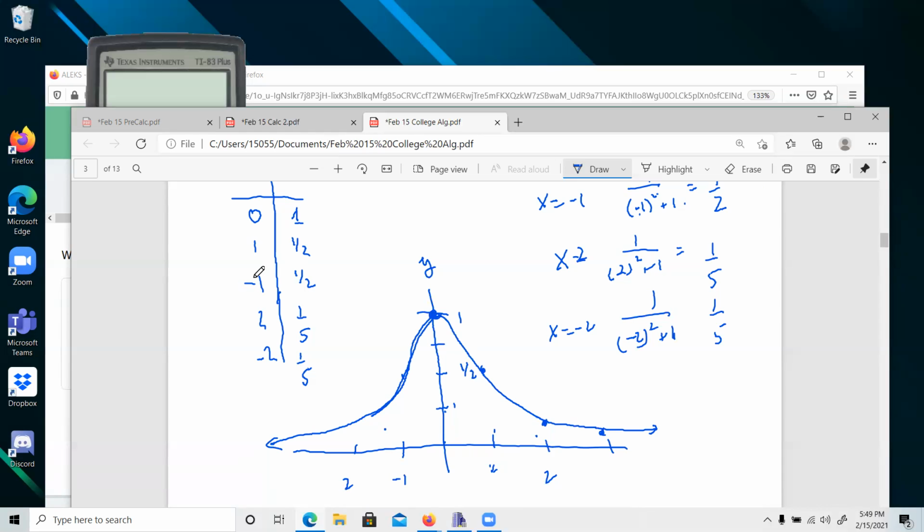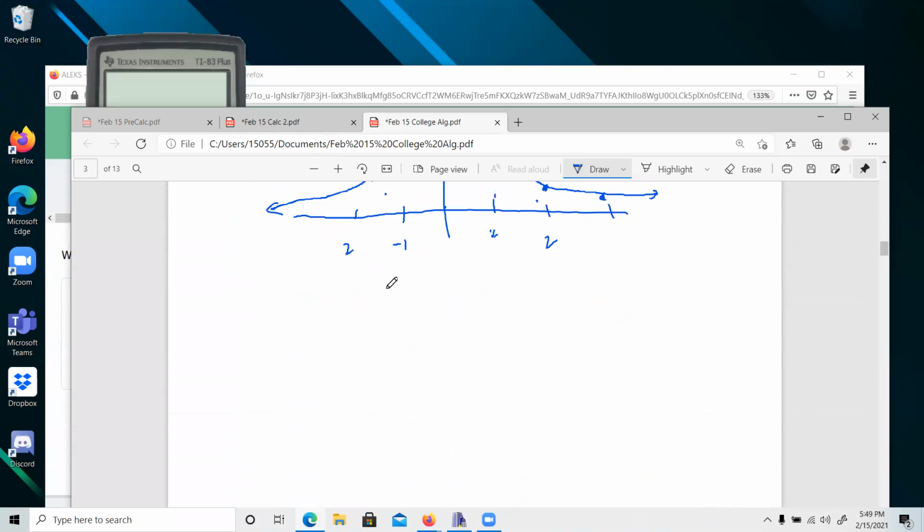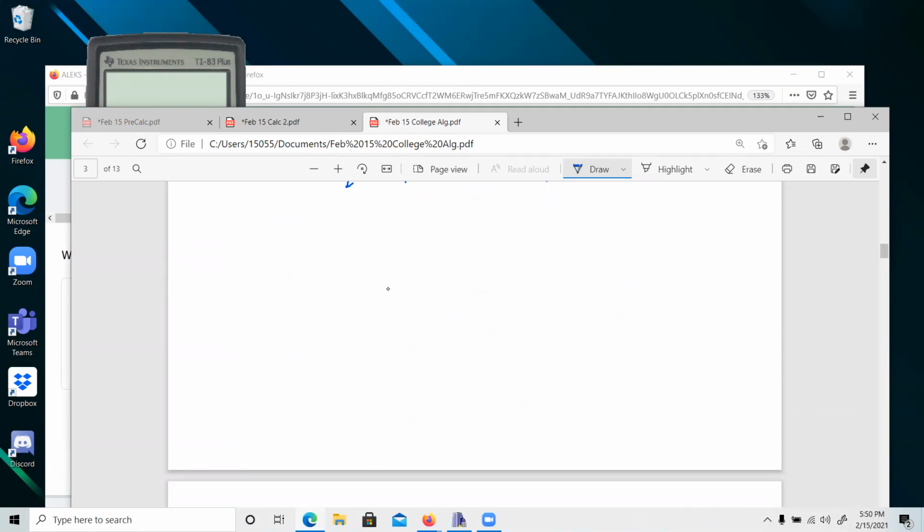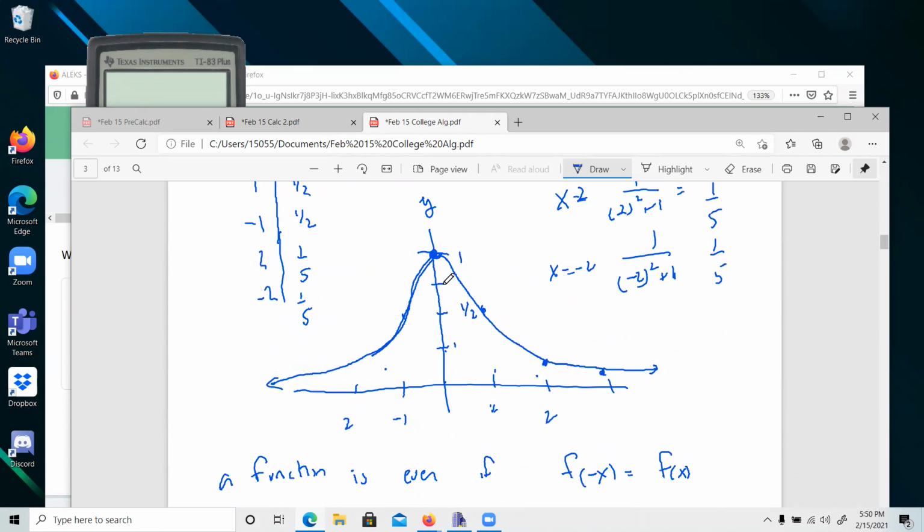The two statements that we're going to make about this: a function is even if f of negative x is equal to f of x. It's kind of like we ate the negative sign here, but all it means is it flips over to the other side and it means the same y value.